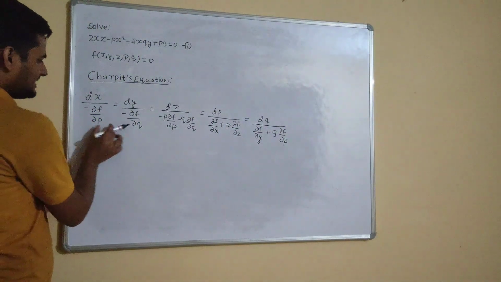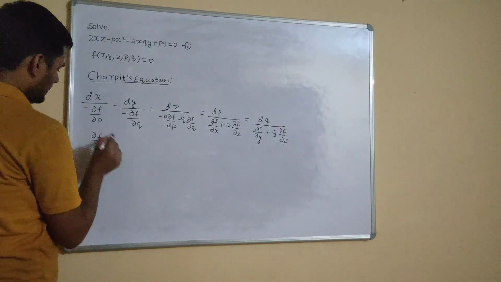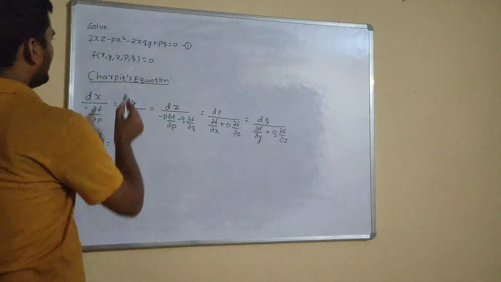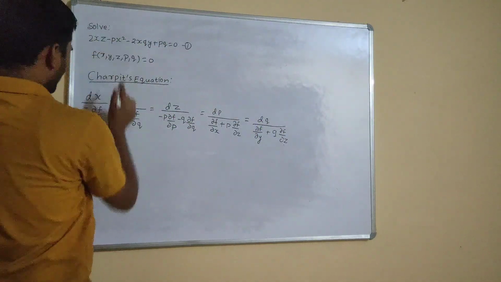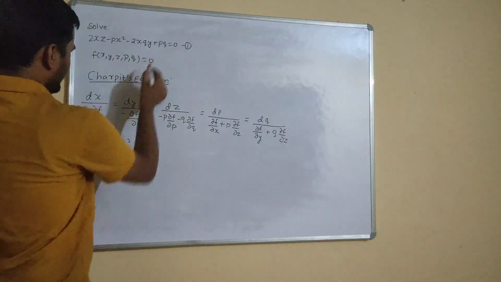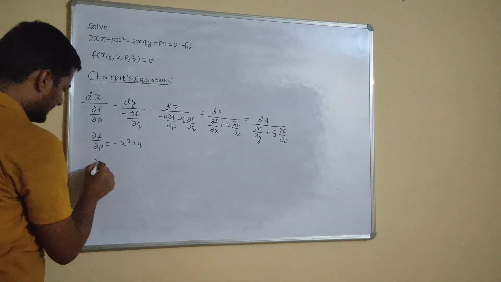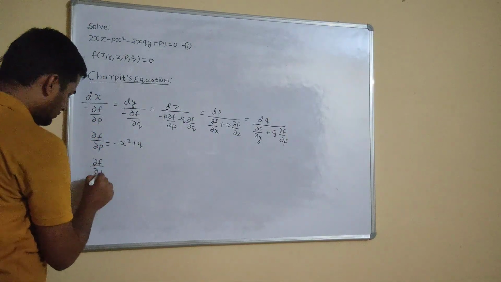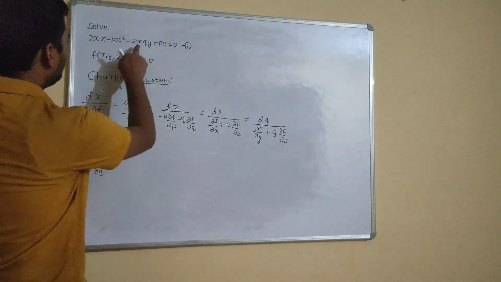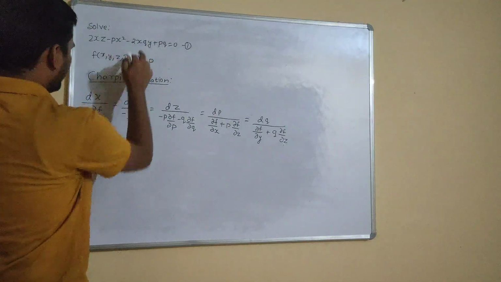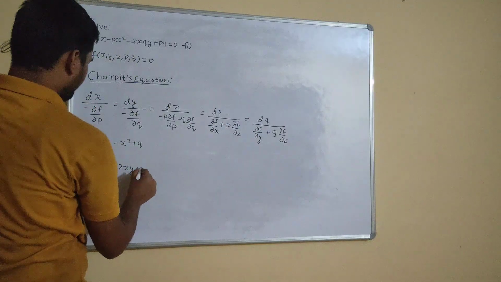Now what to do? Find these elements. First of all, if I find del f by del p, here we have 1 and 2 terms of p, so minus x square from here and q from here. Similarly, if I find del f by del q, how many terms of q are there? Last 2 terms. From here I get minus 2xy, and from the last term I get p.